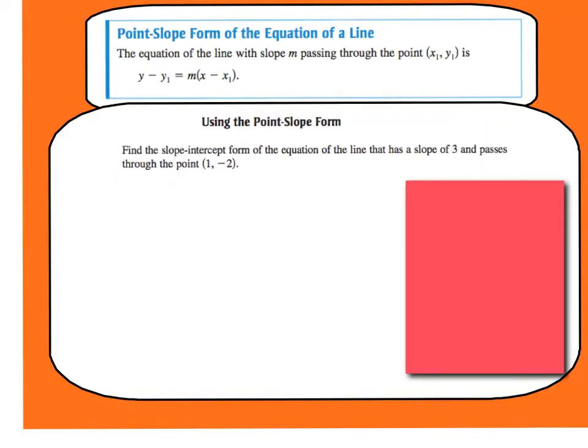So this is point slope form of a line. I'm going to change up how it's written, because next year, once you get to calculus and further in mathematics, this is the most used form of a line. I think the way some textbooks write it is silly. I never do y minus y1.